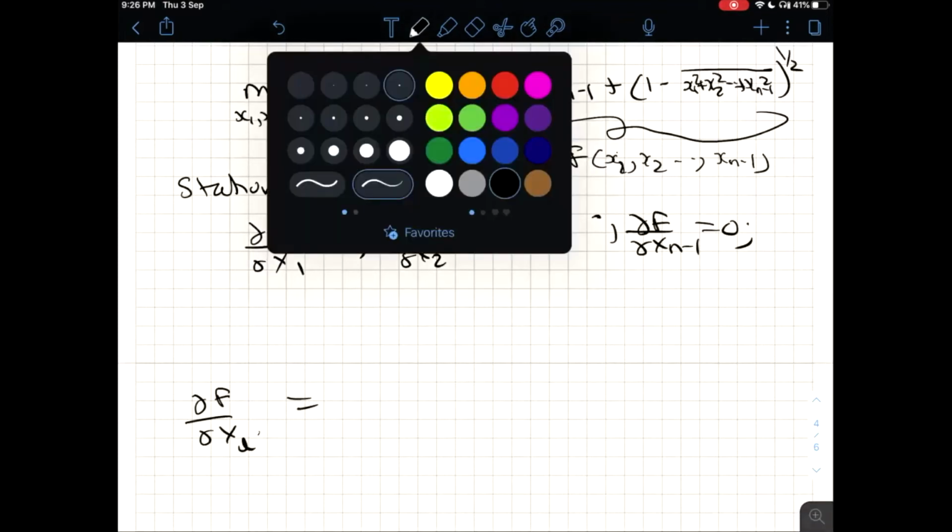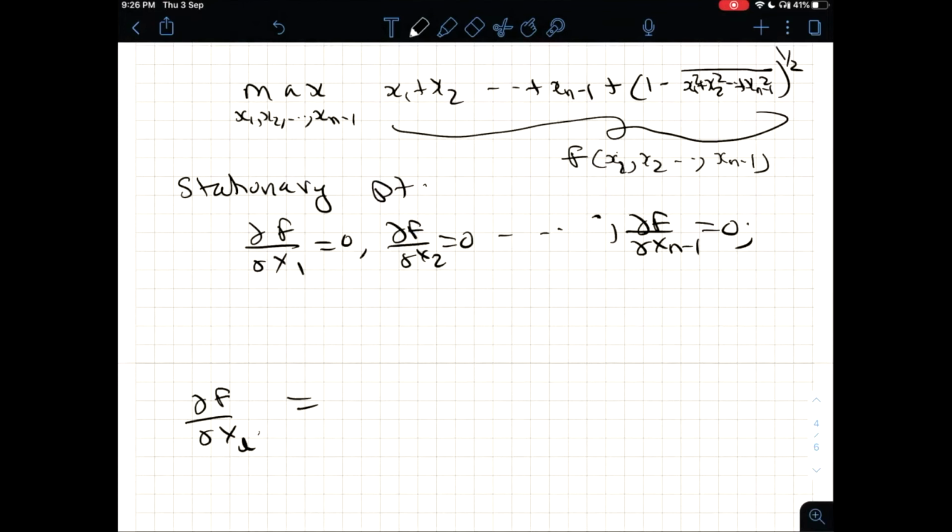From here, I will get a 1 coming from the term xi. And in the other place, I will have to apply the chain rule. The derivative of x to the power half is half of one over the square root of x.